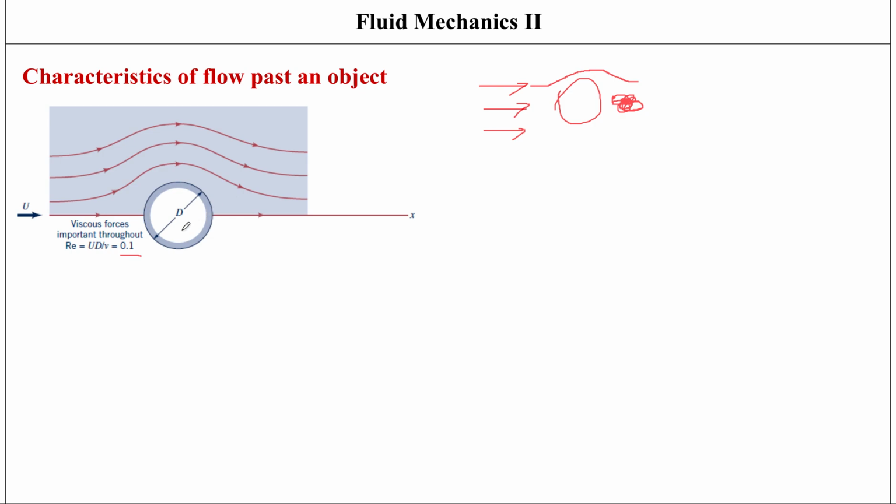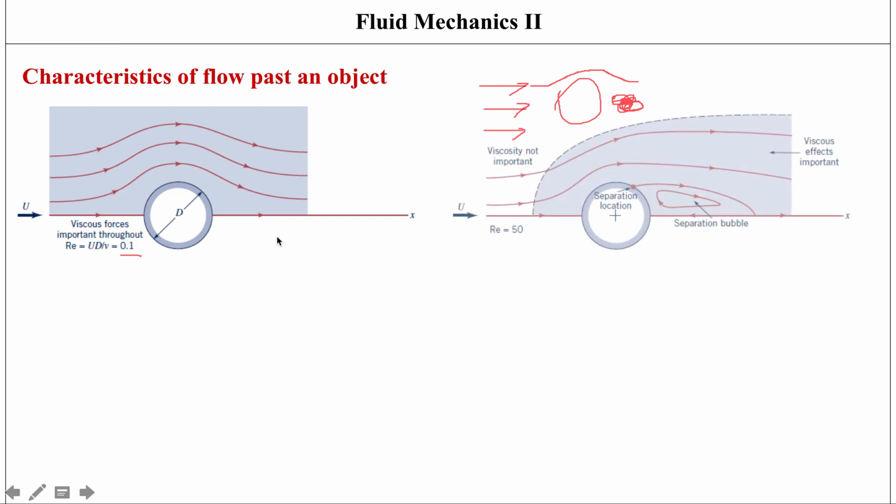Okay. Another important aspect is that the streamline pattern that we see is essentially symmetric. So you could basically flip it and mirror it on the other side as well. It's going to look exactly the same. But once you start increasing the Reynolds number, then you lose this symmetry.